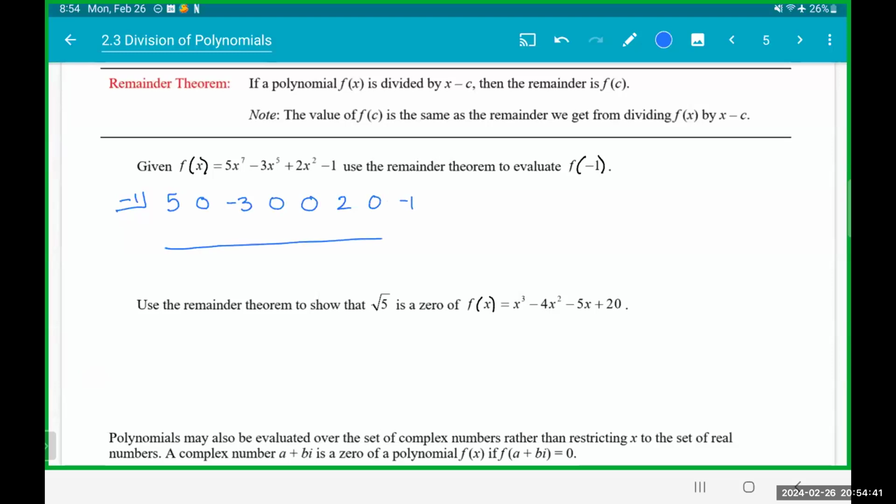Okay, so we need to evaluate at this point. We bring down the 5. 5 times negative 1 is negative 5, plus 0 is negative 5. Negative 5 times negative 1 is 5. 5 minus 3 is 2.